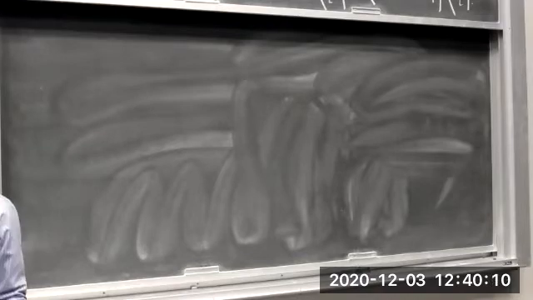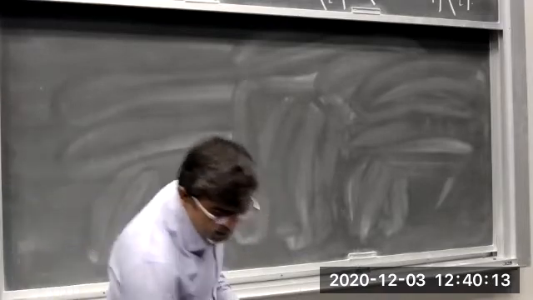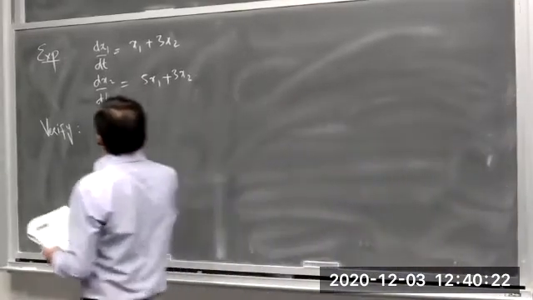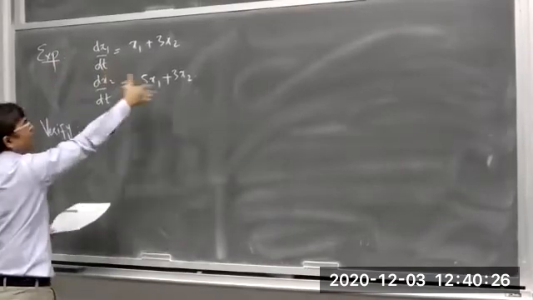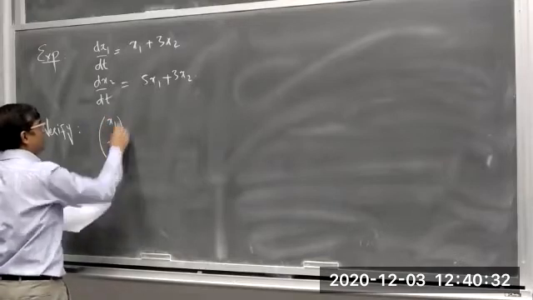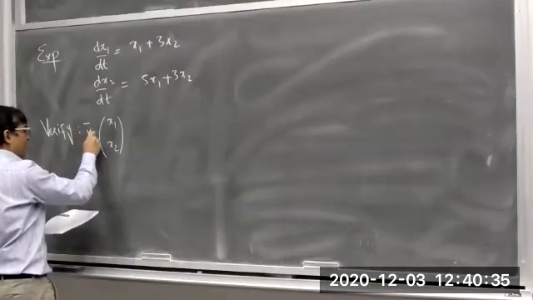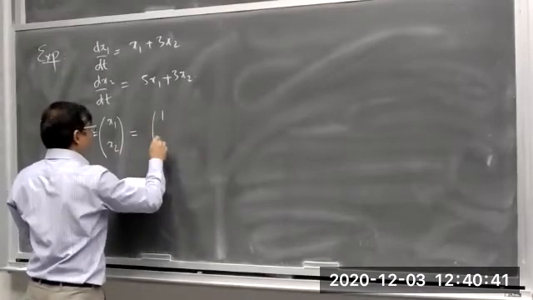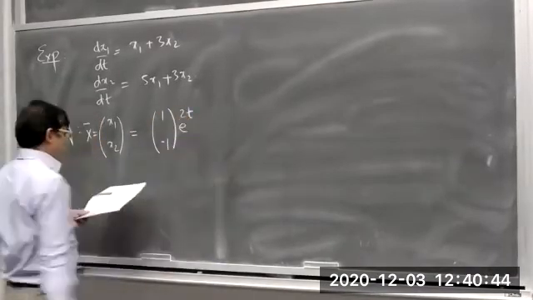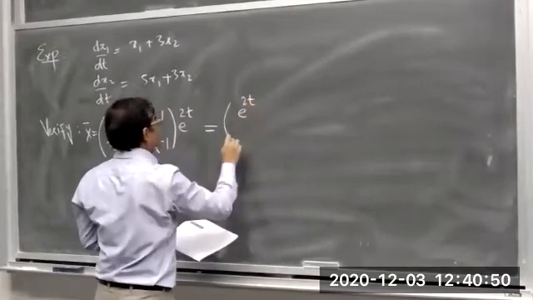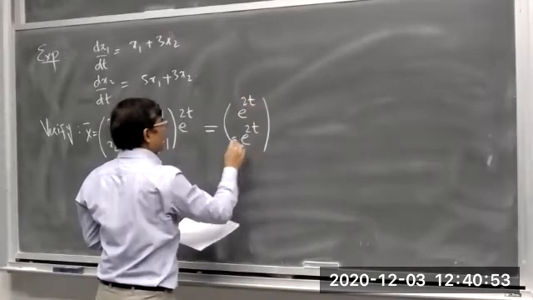Let me change the board. So this is an example: dx1/dt equals x1 plus 3x2 and dx2/dt equals 5x1 plus 3x2, and we need to verify that the vector x is equal to (1, minus 1) e raised to the power of 2t, or multiplying inside, e raised to 2t and negative e raised to 2t.